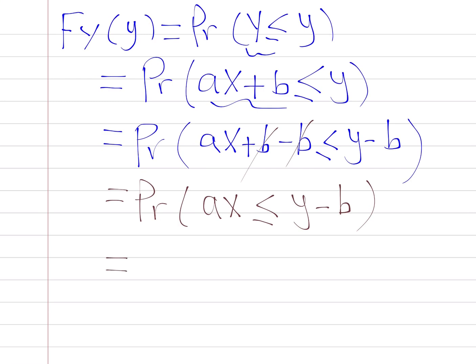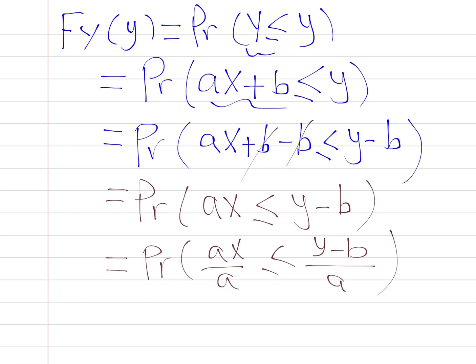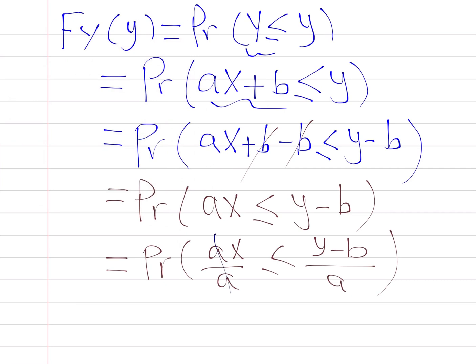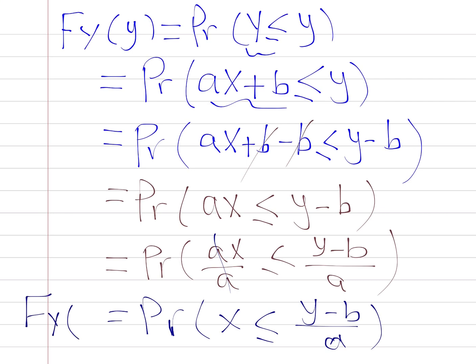then this equals the probability of ax divided by a less than or equal to y minus b divided by a. So we cancel out a here, and we get the probability of x less than or equal to y minus b divided by a, and that is F_Y of y.